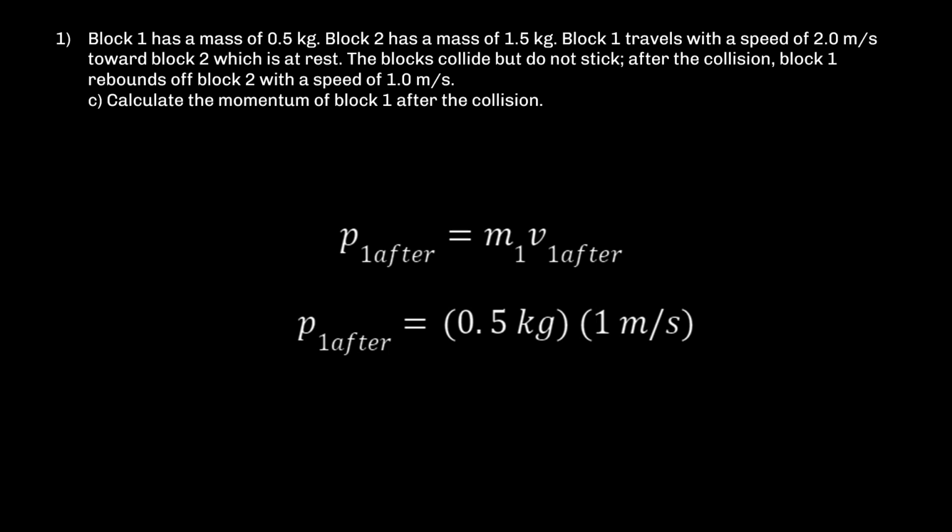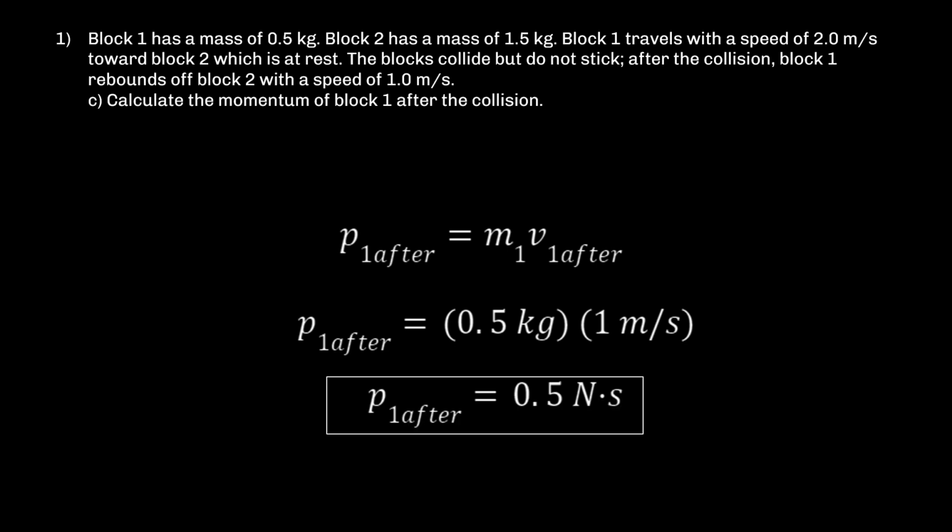I have here the mass is still 0.5 kilograms, and my speed after the collision is 1 meter per second. I'm going to multiply those together, end up with my answer here, and that answer is going to be 0.5 newtons times seconds. Or again, you can have kilograms times meters per second. It's going to be the same exact thing. All right, so let's move into part D of this example.